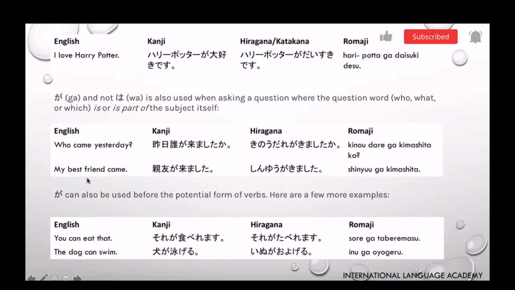When you answer the question, we can say in English, my best friend came. Who came? My best friend.